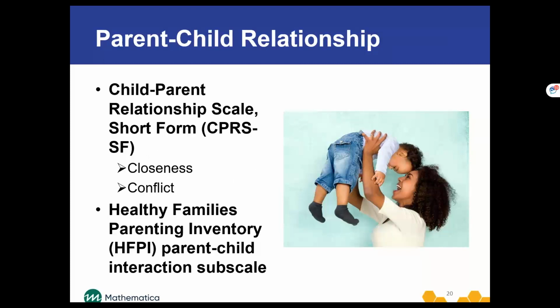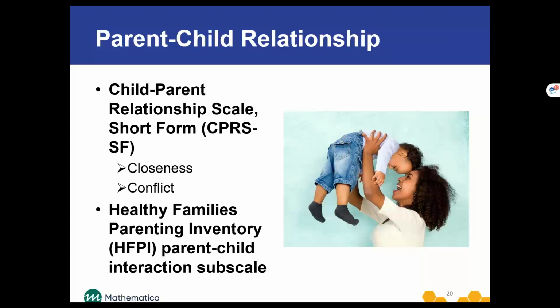We assess the parents' perceptions of their relationships with the study child using the Child-Parent Relationship Scale short form, the CPRS, and the Healthy Families Parenting Inventory, HFPI, parent-child interaction subscale. The CPRS short form assesses parents' perceptions of their closeness and conflict with their child.